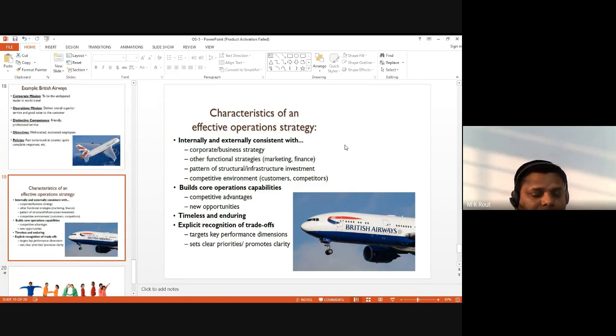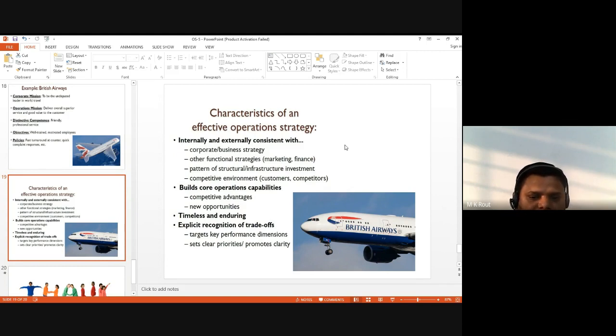The third point is the pattern of structure and infrastructure investment, especially with reference to airlines. The next is the competitive environment, with customers and competitors. The next point is to build core operation capability, that is competitive advantage, by applying operational strategy models or frameworks. The new opportunity is customer service, and transportation of goods and different packages to different parts of the world.